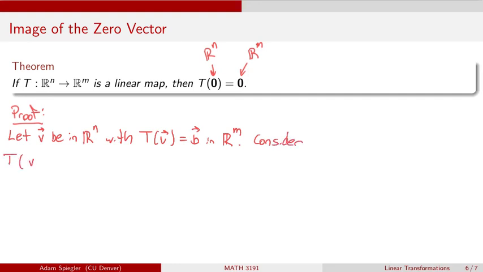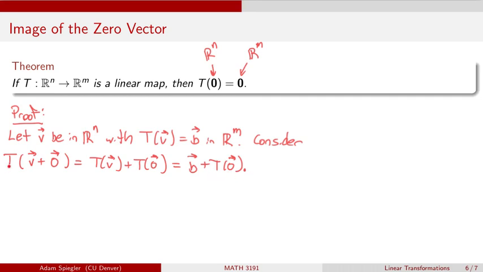What's the image under map T of the vector v plus the 0 vector? Well, since T is a linear map, we can break up the addition. So that's going to be T of v plus T of 0. And T of v we defined as the vector b. And T of 0, well, we don't know what that is, so we'll just call it T of 0.